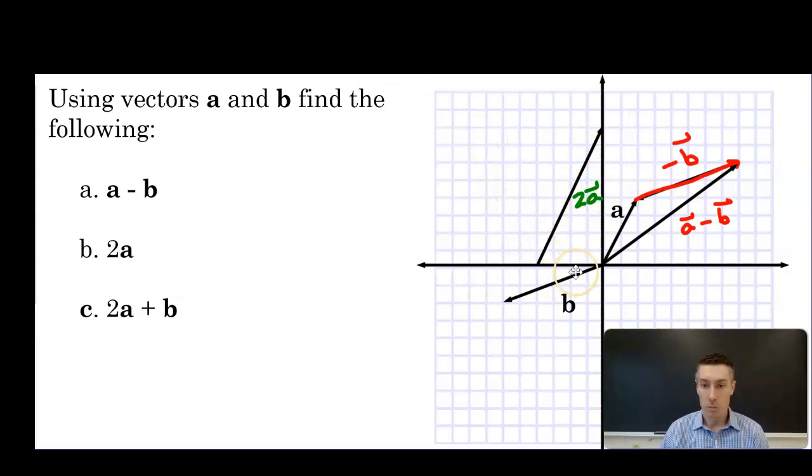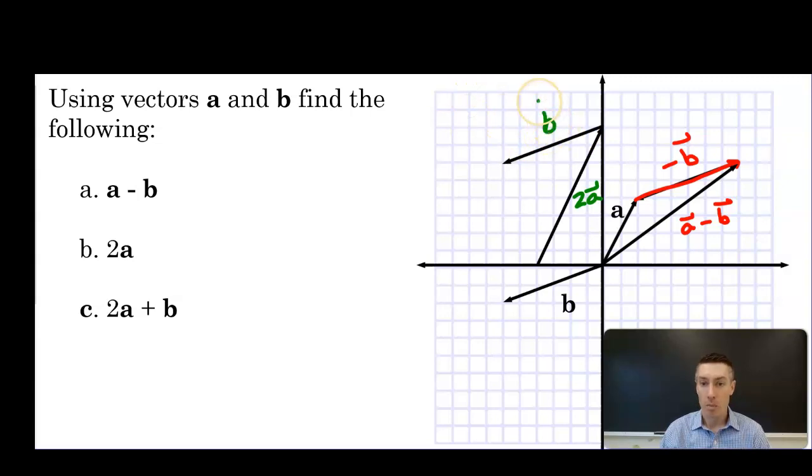And then 2a plus b, so then we can slide vector b there. So that's vector, whoop, wrong spot. See, I can make mistakes every once in a while. I don't want the initial points to be there. I want to move b's initial point to the terminal point of 2a. That's better.